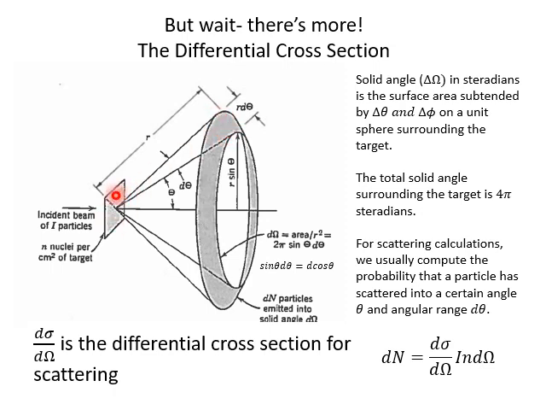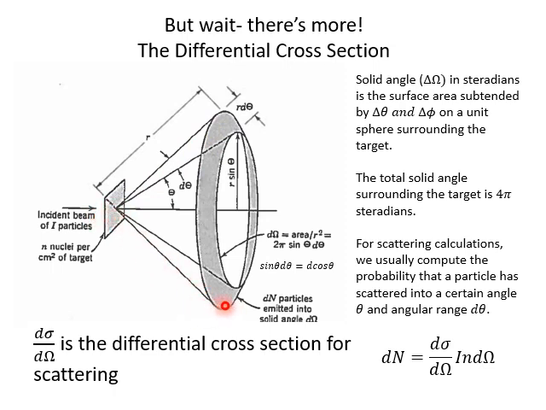Usually the systems that we're looking at are spherically symmetric systems, and as a result, anything that gets scattered this way, we're going to end up with the same rate in that direction.